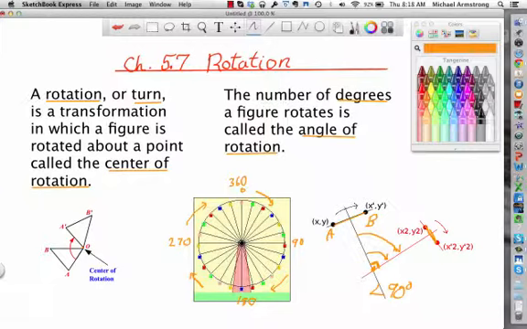We're looking for the number of degrees a figure rotates, the angle of rotation, and we're also wanting to find the center of rotation. So there's several examples. You just have to be able to tell and answer questions about rotation, and you need to be able to graph using a coordinate plane.